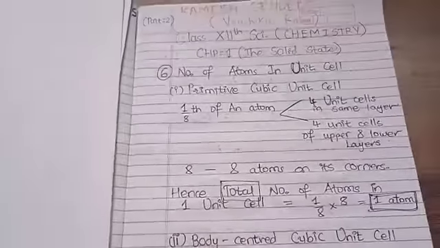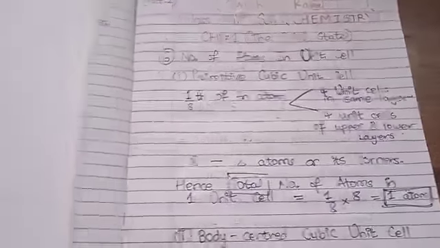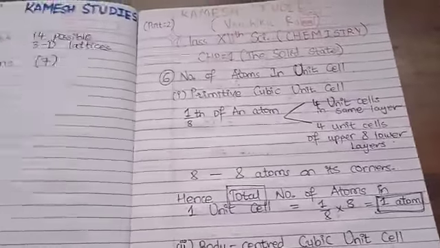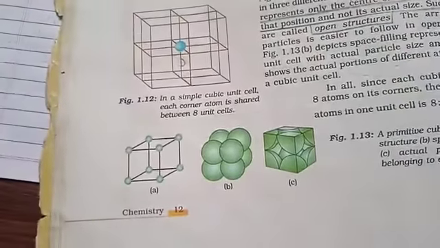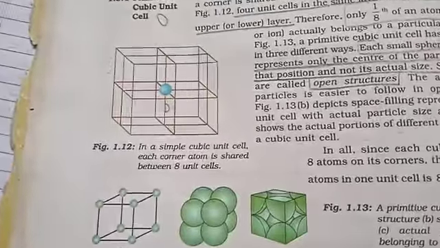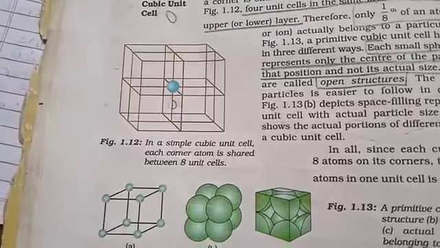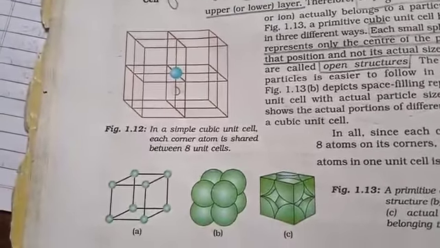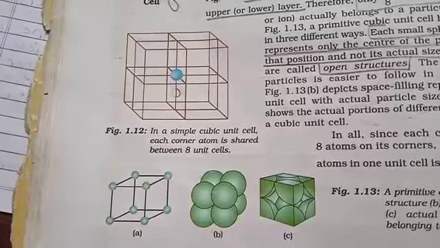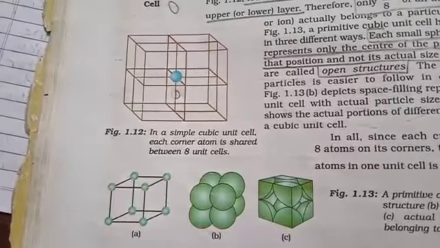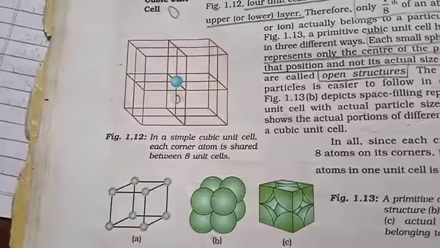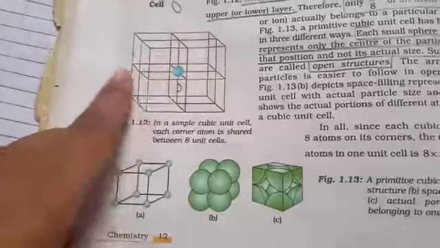So let me give you a quick review of it also. You can see here in the picture, figure 1.12, that in a cubic unit cell each corner atom is shared between 8 unit cells.